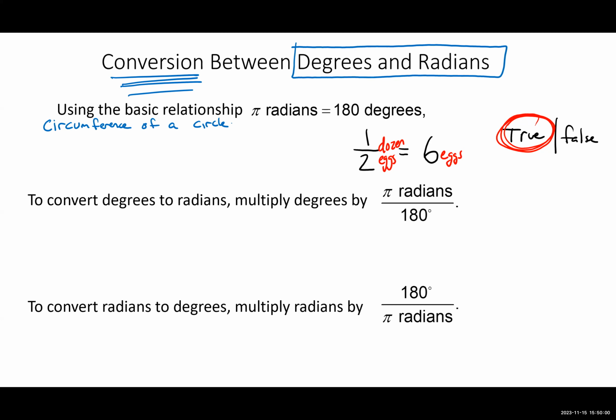What is the circumference of a circle? Now, you may remember this, or you may have to look it up, but the formula for the circumference of a circle is 2 times pi times r. 2 times pi times the radius.